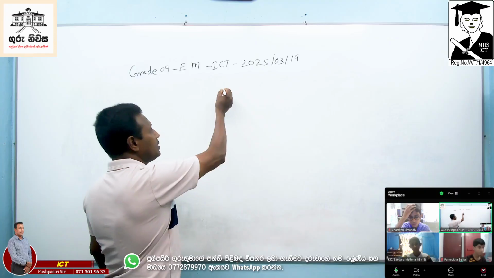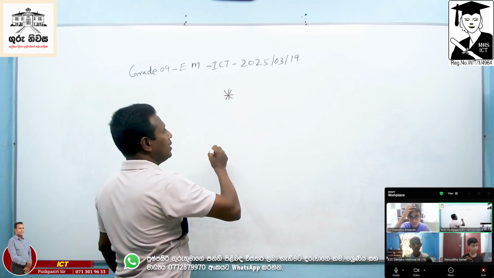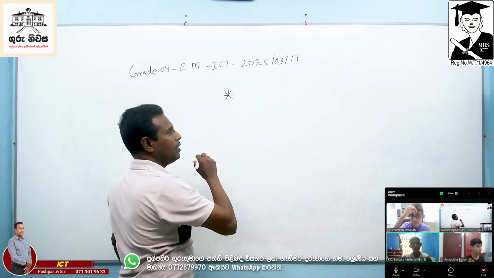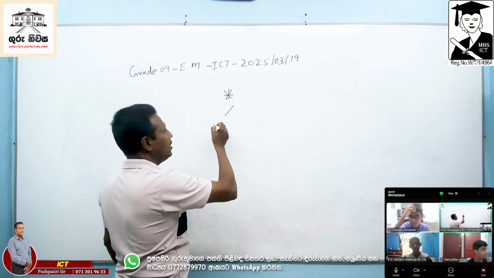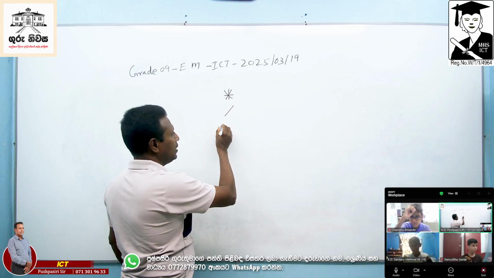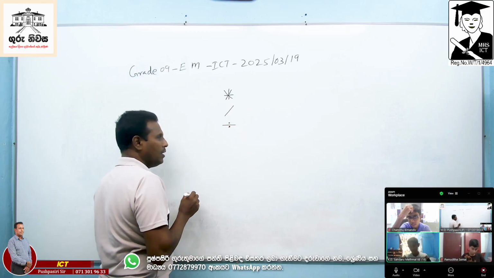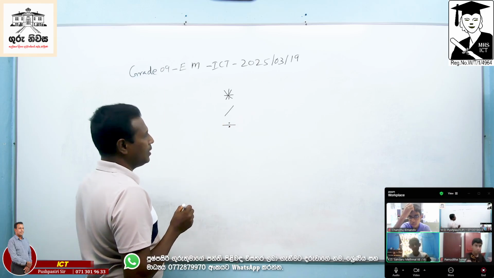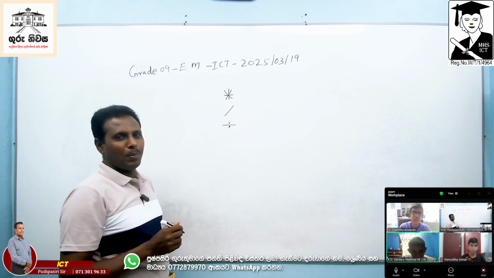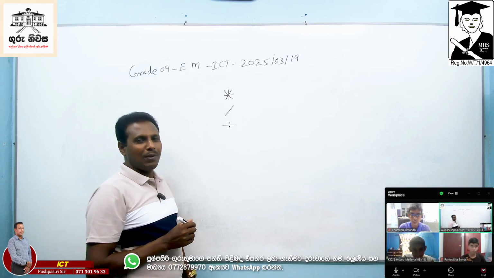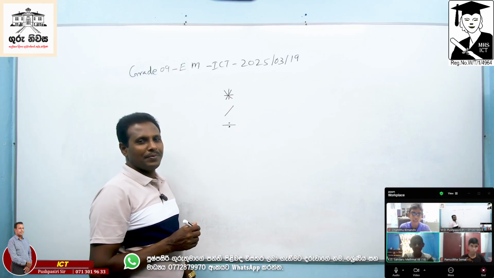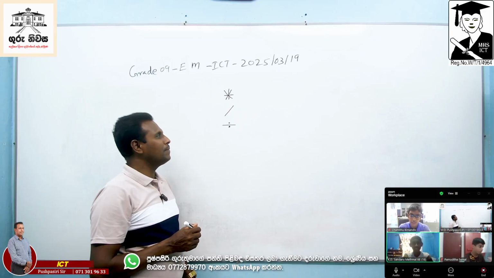What is this symbol? Multiplication. This symbol? Division. This one? Both are the same, no? No. It's not in the Excel.